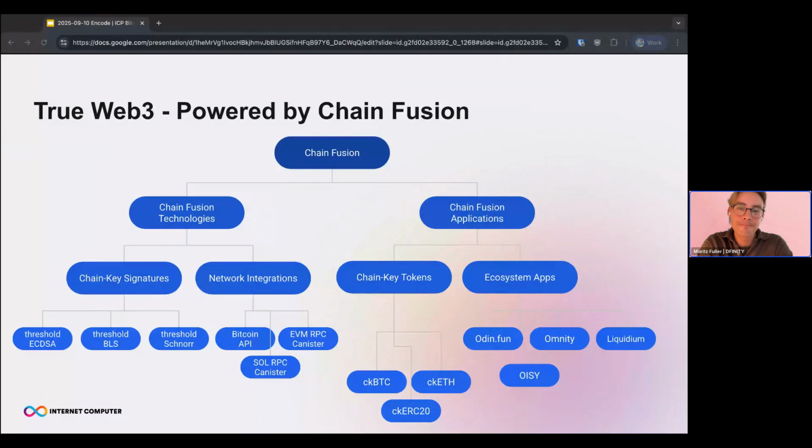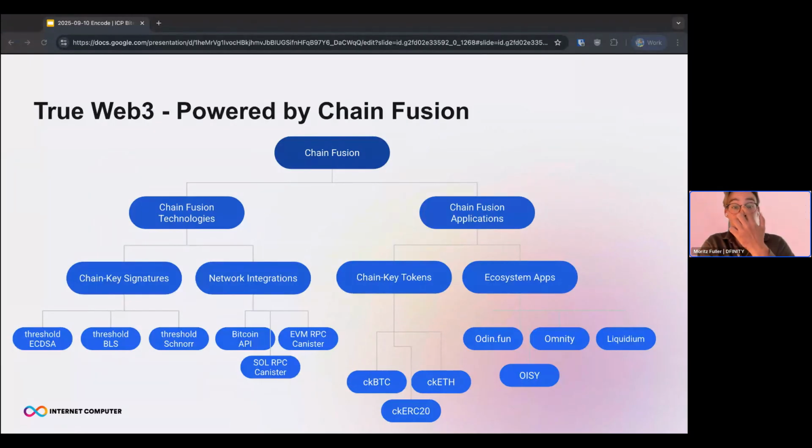And the idea of chain fusion overall is to leverage the different good properties of multiple different chains within a single dApp. So we want to bring the Internet Computer's strengths to smart contracts on other chains and also vice versa.